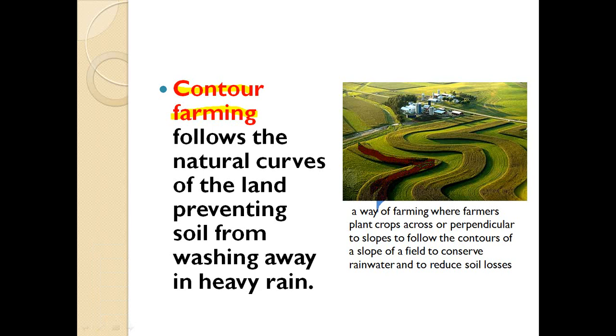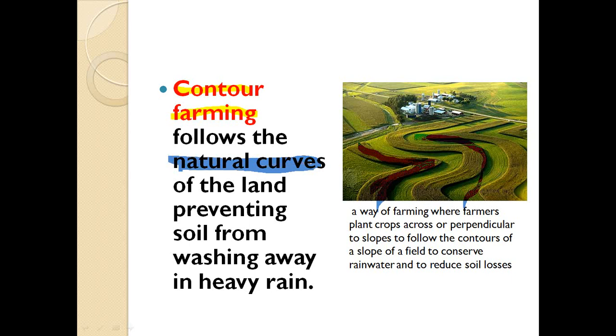This zigzag looks a little bit contoured, right? So this contouring follows the natural curves of the land. It's a way of farming where the farmers plant crops across, or perpendicular, to follow the contour of the land. They follow the natural curves in the land. So what do the farmers do?